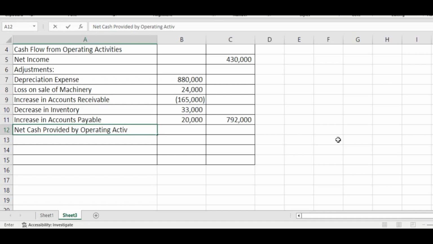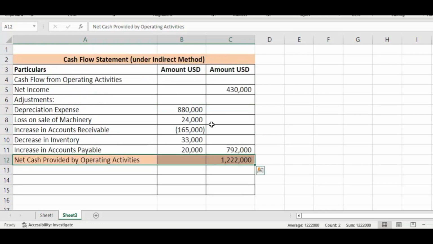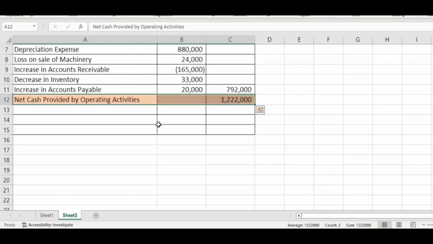That is, net income was 430,000 and adjustment 792,000. Net cash provided by operating activities will be this figure.